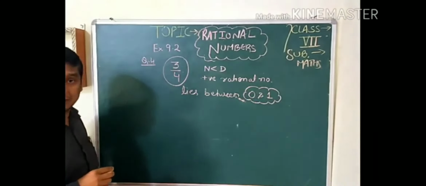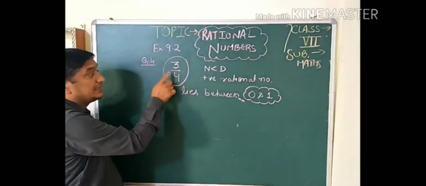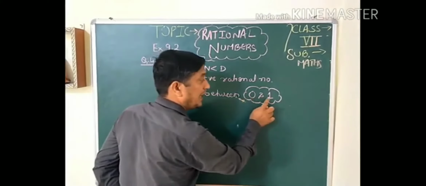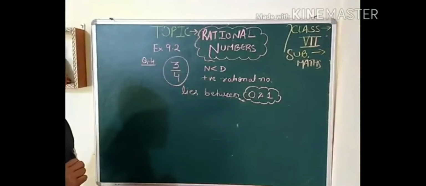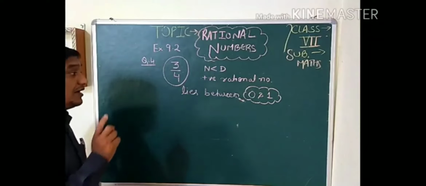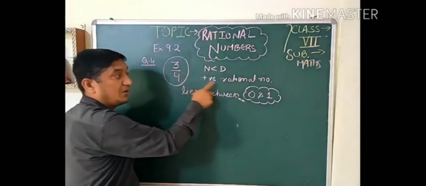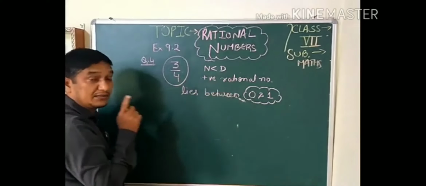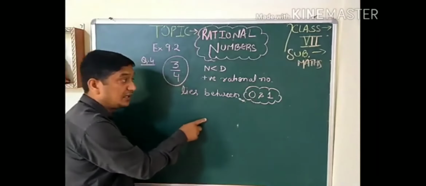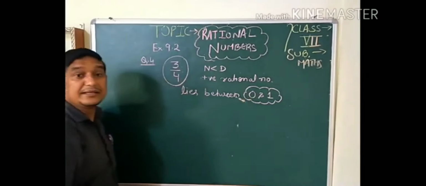All rational numbers whose numerator is smaller than the denominator must lie between 0 and 1. Understood, children? And as it is a positive rational number, it is represented towards the right hand side of 0 on the number line.